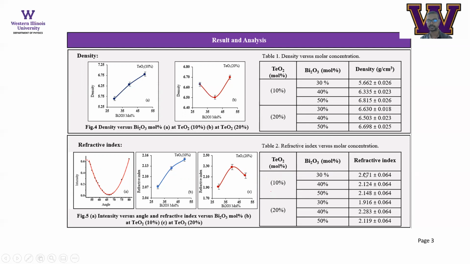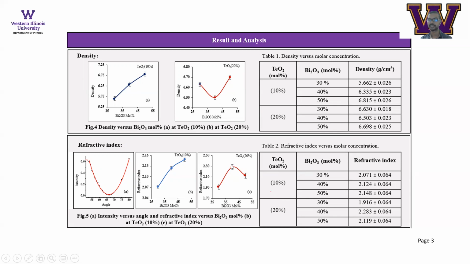After getting the refractive index, we can see that there are also two parts, one for 10% tellurium oxide and another for 20% tellurium oxide. For 10% tellurium oxide, the refractive index is increasing, as it did for density. But for 20% tellurium oxide, it's not uniform.